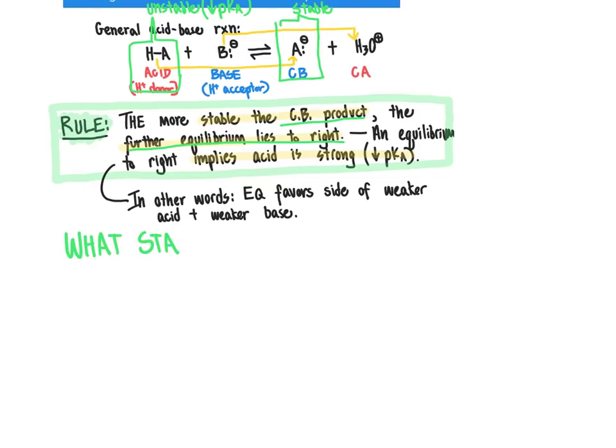We're going to go through a list of a few different criteria that will act to stabilize the conjugate base, and by stabilizing the conjugate base, help push that equilibrium toward the side of the products. And by pushing the equilibrium toward the side of the products, the implication is that that corresponds to a stronger acid reactant. So strong acid reactant leads to stable conjugate base product.